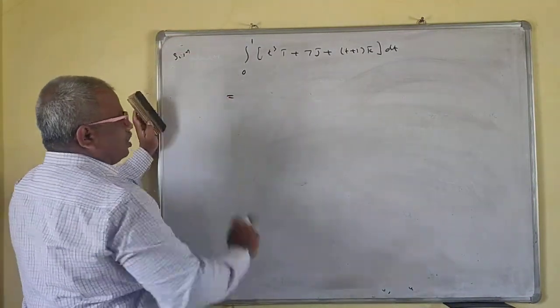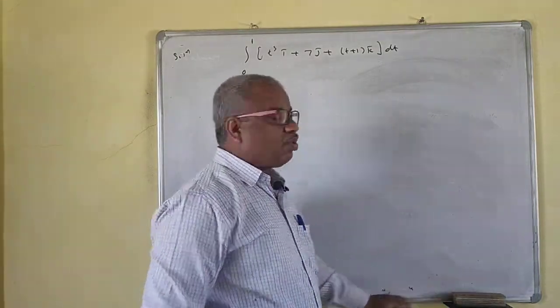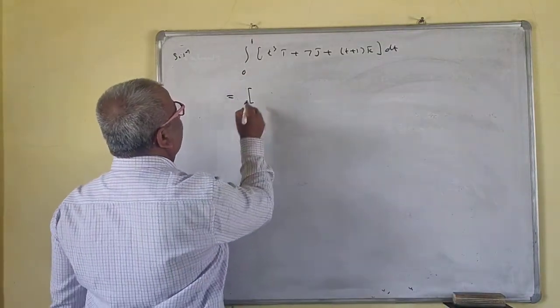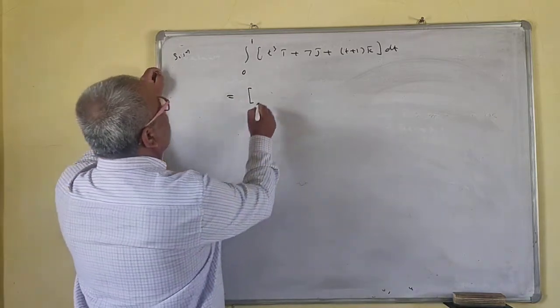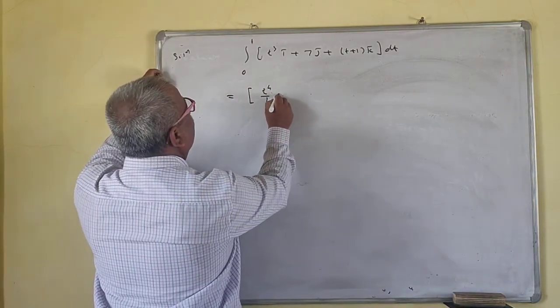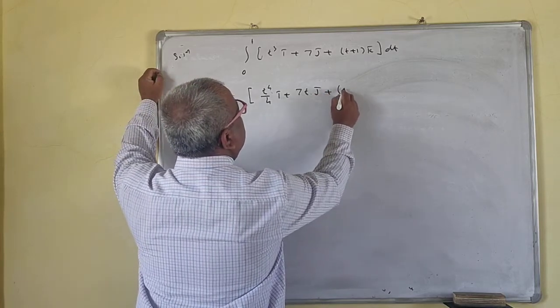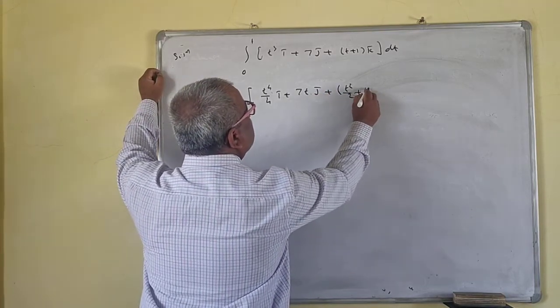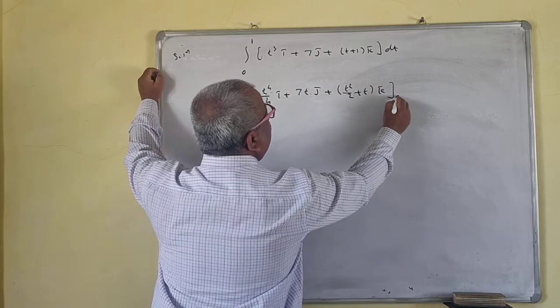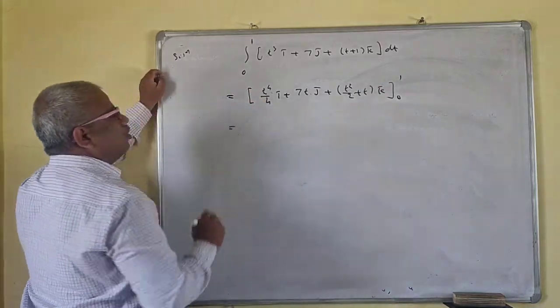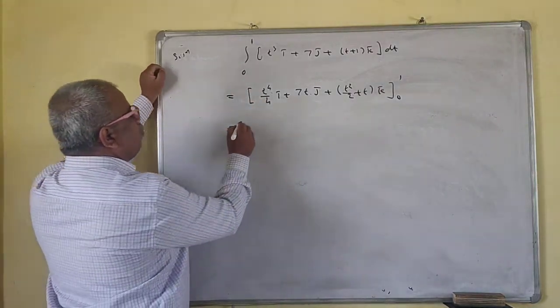Solution. This is equal to, we just integrate the vector. Easily you can integrate component wise. So this is t raised to 4 upon 4 i bar plus 7t j bar plus (t squared by 2 plus t) k bar, from 0 to 1. Now we put t equal to 1.